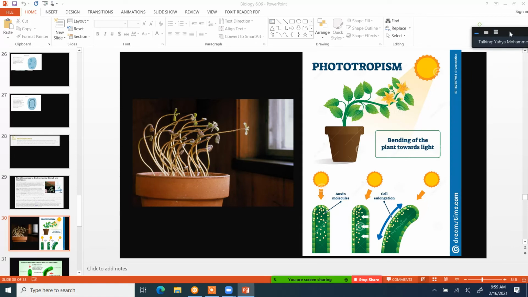I was saying that they get attracted to the sun and they start going towards that way to get more sunlight. Exactly right. Photo means light, and tropism means growing towards. This picture on the left shows that these plants have figured out there's light coming through this small window, so they're all trying to grow towards that window. This is called phototropism.